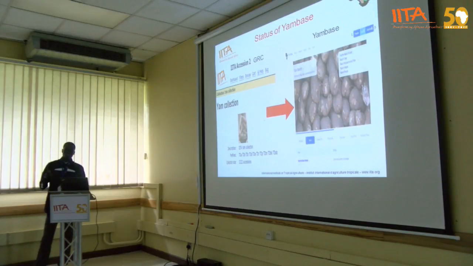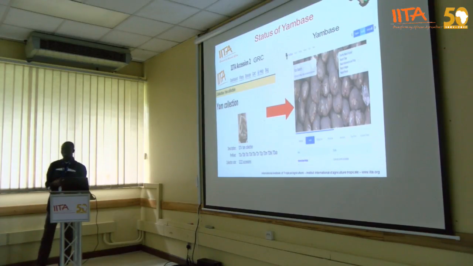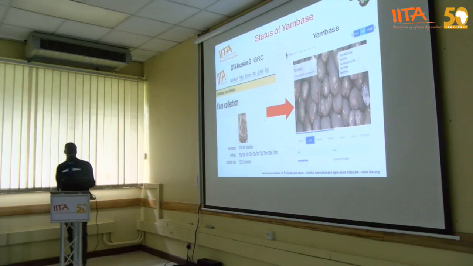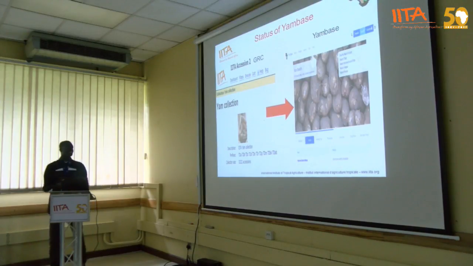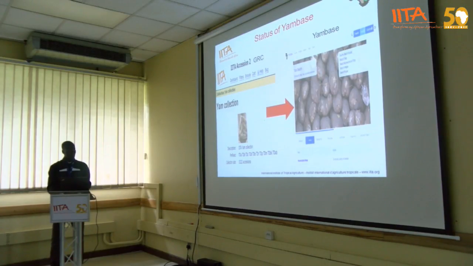When you are searching for one particular accession in the Genetic Resources Center, by clicking a link, it will link you directly to the YAMBASE. If this accession has been used in any trial, it will tell you, and you can have access to the phenotyping data.